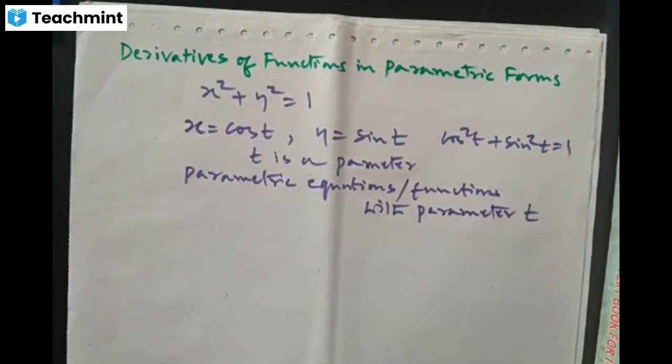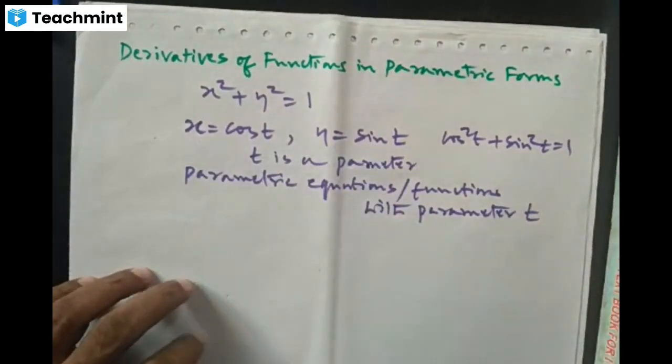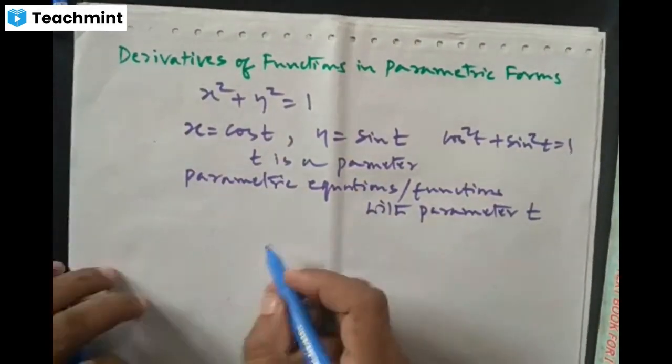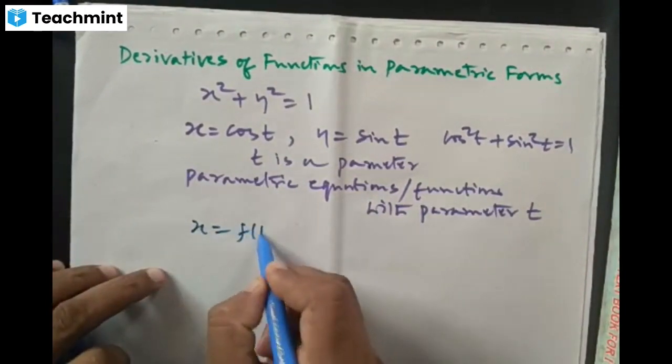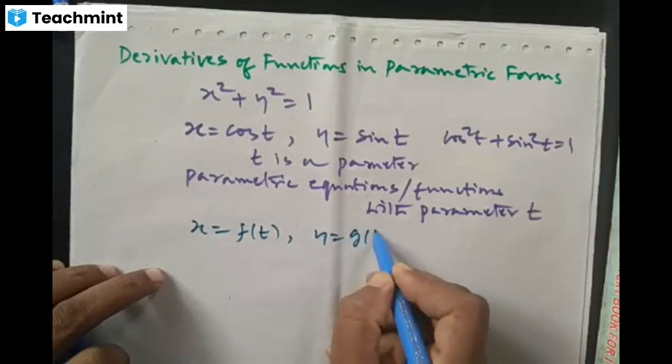Now the question is how to find dy by dx whenever the functions are given like this: x is a function of t and y is another function of t.